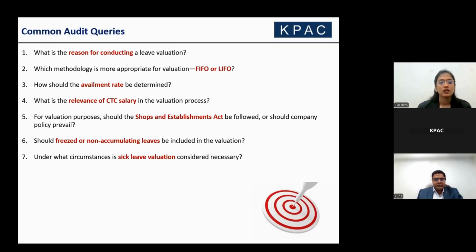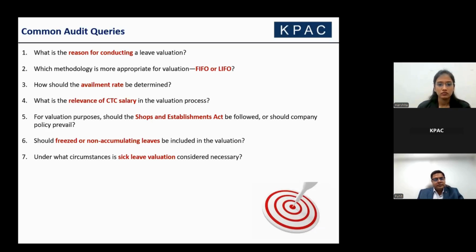Next is, what is the relevance of CTC salary in the valuation process? So again, CTC is relevant for valuing leave that is availed during employment, as it represents the full cost to the company for that employee's absence. Basic salary is usually used for encashment purposes.